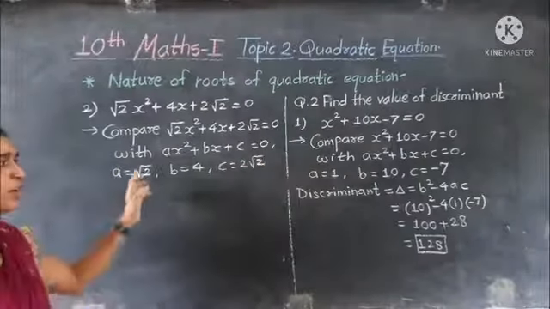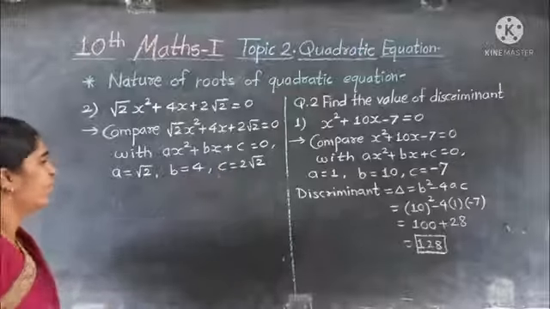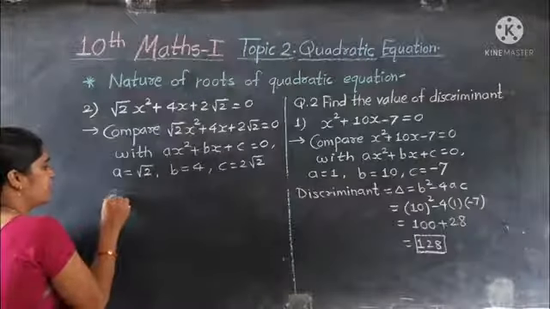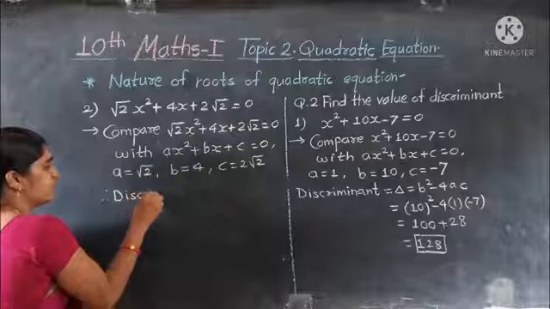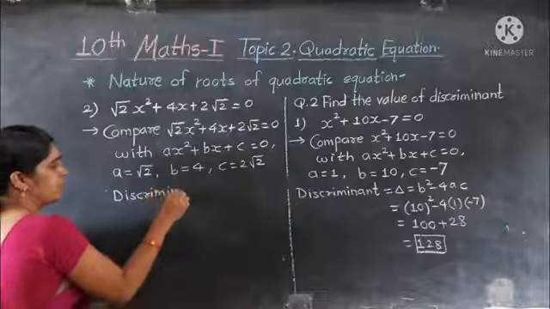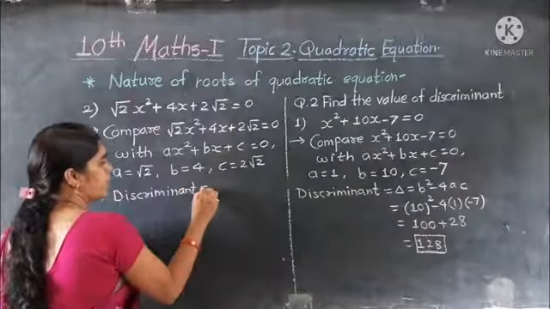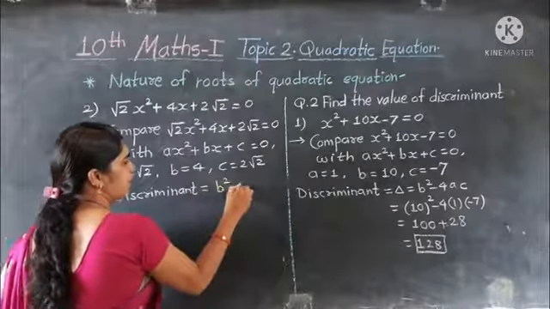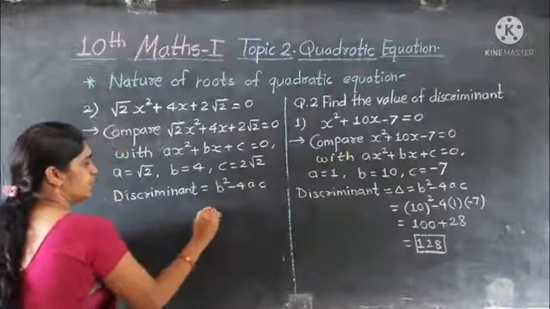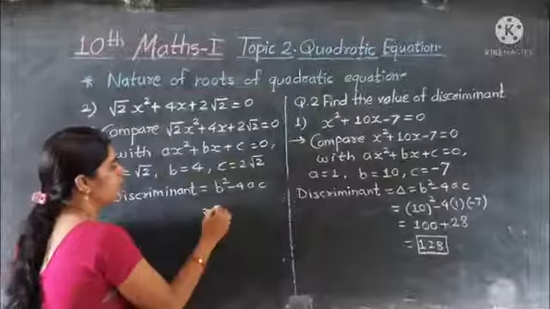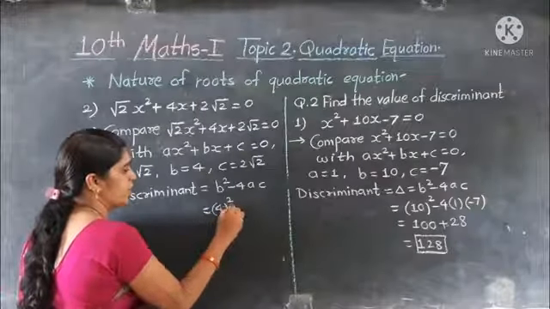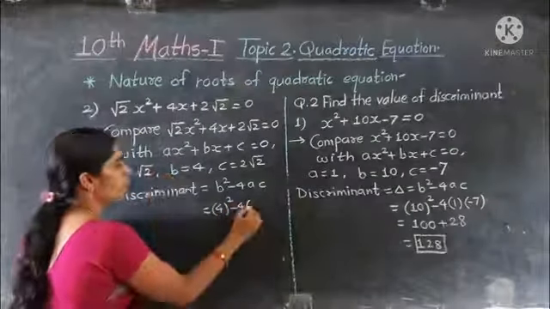Okay. First we find the values of a, b, c. Then find the discriminant. Therefore, discriminant is equal to b square minus 4ac. Okay, what is b? 4 square minus 4 into, what is the value of a?